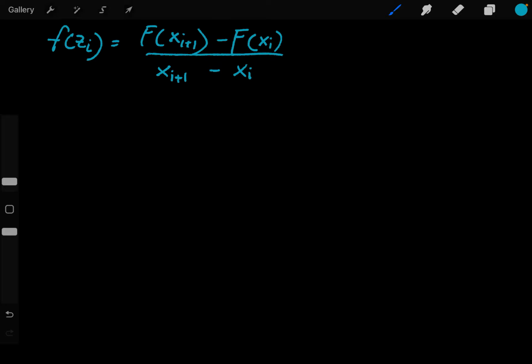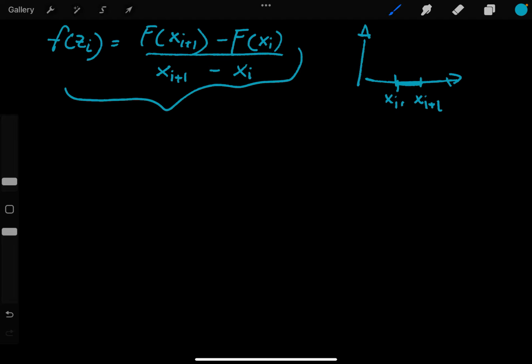And this is for any interval along this integral. So again, I applied this to a particular interval, or I mean any interval, I should say, in my partition. So this is x_i, this is x_i+1. In this interval, right, I'm going to have this being true.